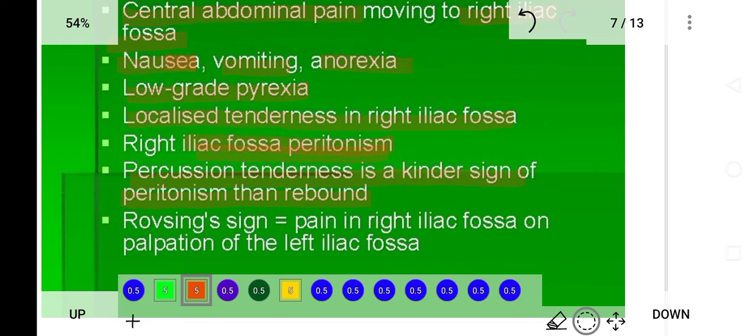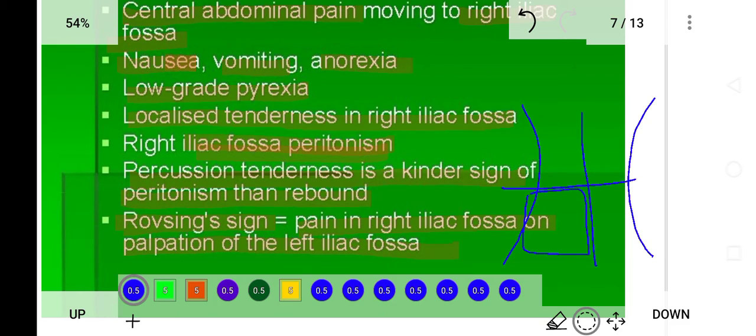The patient's facial expression will show that the patient is feeling pain, or there is Rovsing's sign. It is a sign where pain in the right iliac fossa is felt on palpation of the left iliac fossa. Let's suppose this is the abdomen, divided into four quadrants. Appendix pain is present in the right lower quadrant.